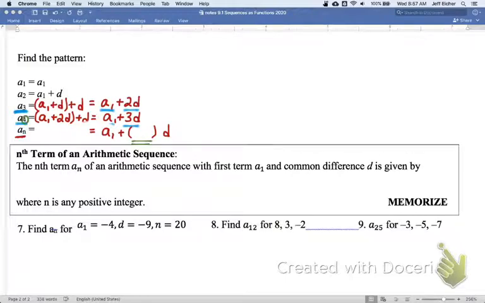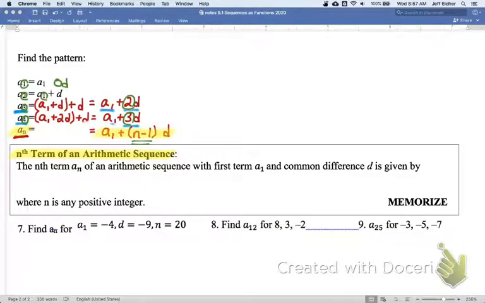Well, a sub 4 was 3 of them, a sub 3 was 2 of them, a sub 2 was 1 of them, a sub 1 was none of them, no d's up here. So it seems that we could reason that if we want a sub n, we need n minus 1 of those d's. And this formula is our formula for our nth term of an arithmetic sequence.